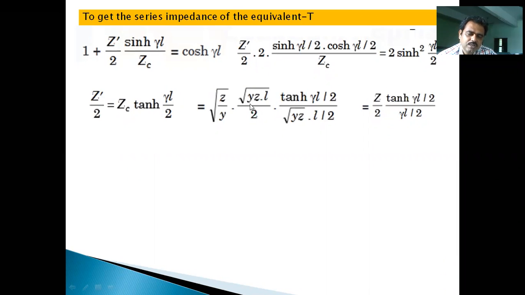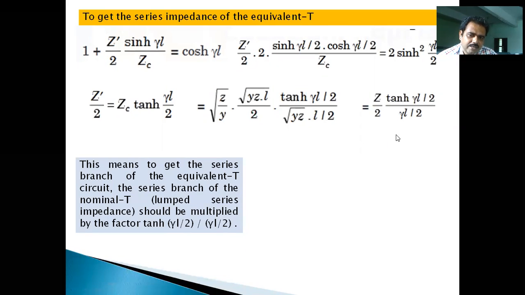Rearranging the terms, what is Z dash by 2? That is the series branch impedance. Z dash by 2 and Z dash by 2 in the case of the T model, so the total series impedance is divided into two halves. That's why Z dash by 2, which is equal to Z by 2 into, again, this factor.